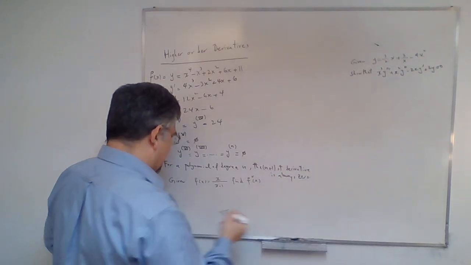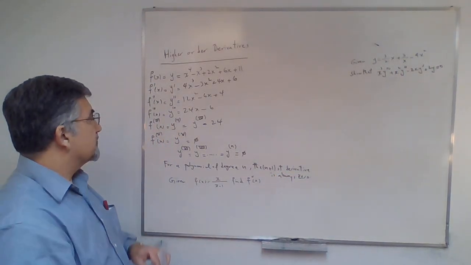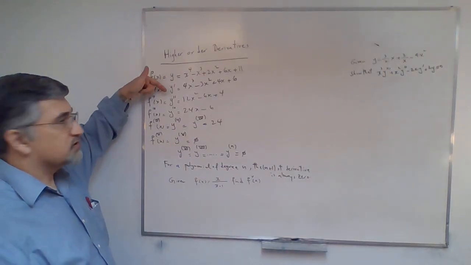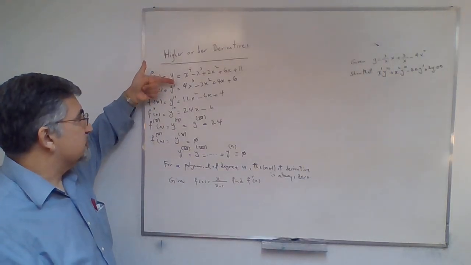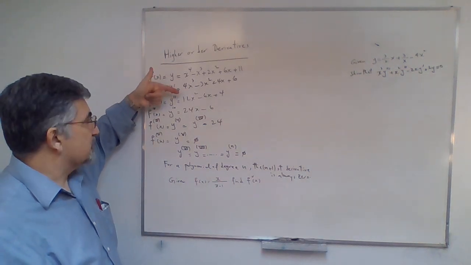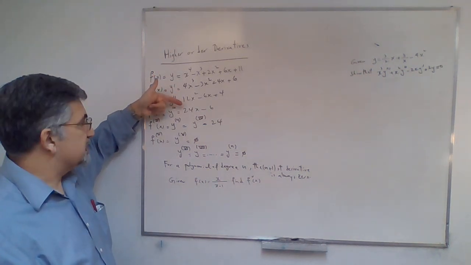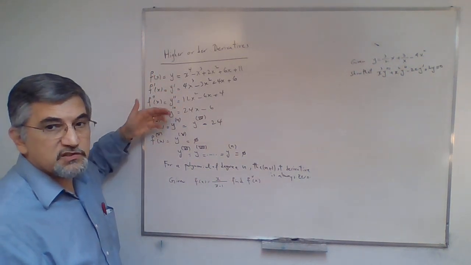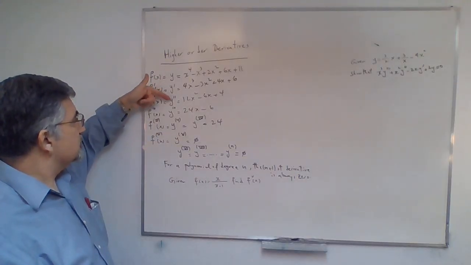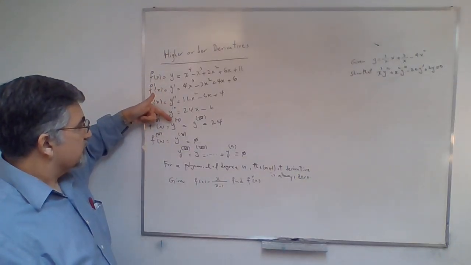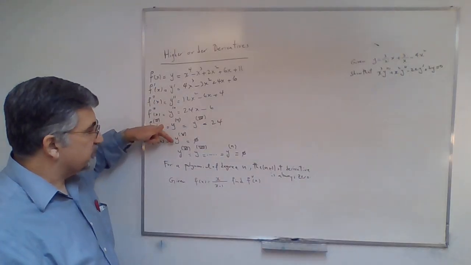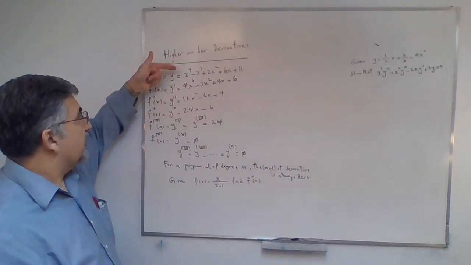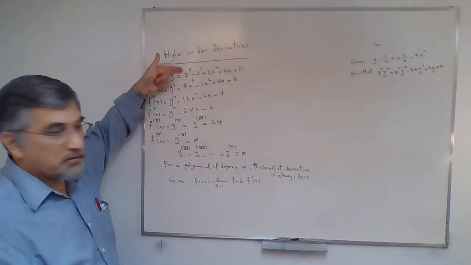That's the conclusion we come up with, and it makes sense because when you take the first derivative of a quartic function, you end up with a cubic polynomial. When you take the derivative of the cubic, you get a quadratic. Quadratic becomes linear. Linear becomes constant, and the derivative of a constant is 0. So 1, 2, 3, 4. The fourth derivative was a constant, okay? So that means that the fifth derivative must be 0. And this was a fourth degree polynomial function.